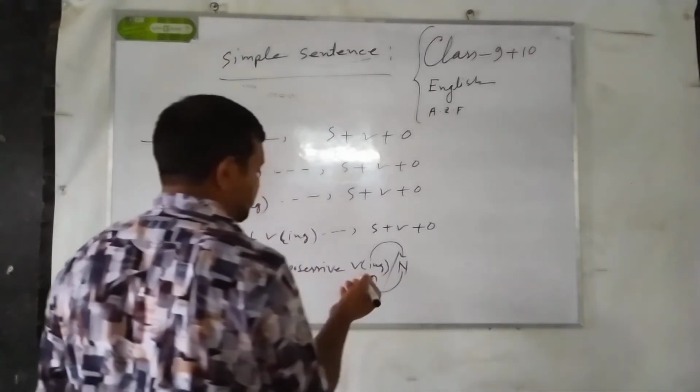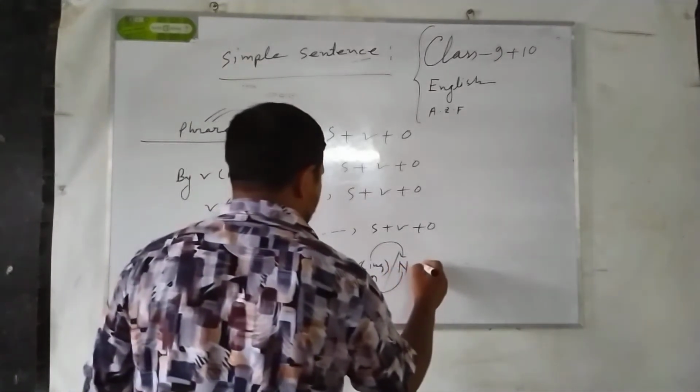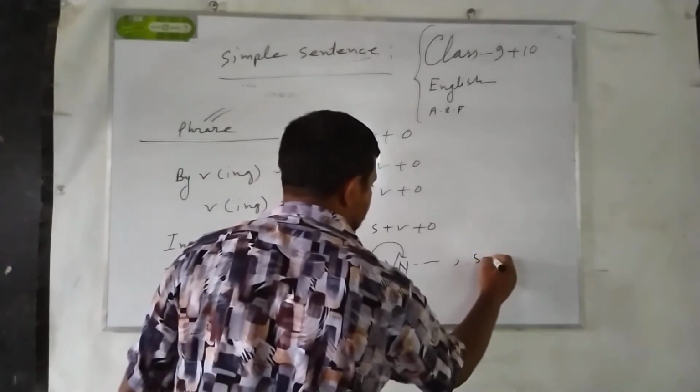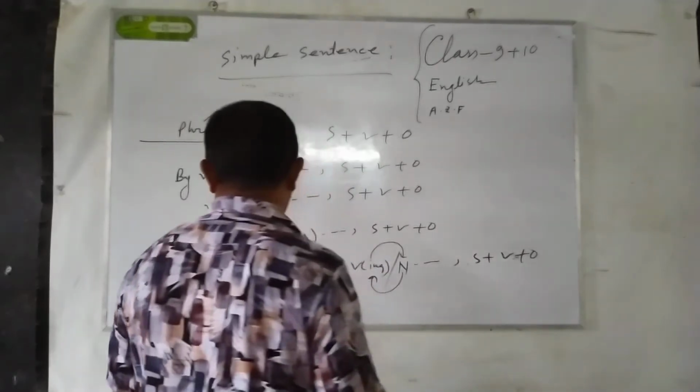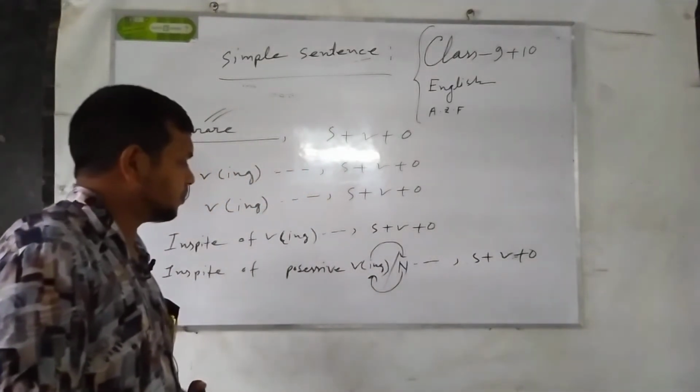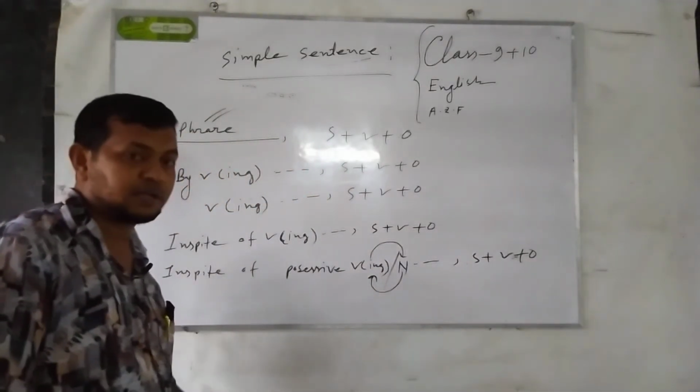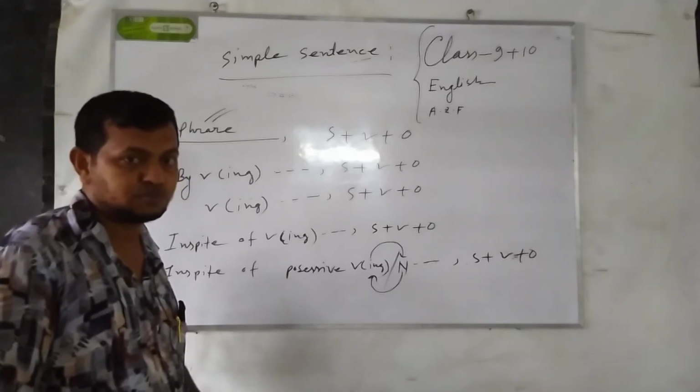So, naturally you can use it, you have to change it, then subject, verb and object. So, "in spite of", I mean its Bangla is সত্ত্বেও.